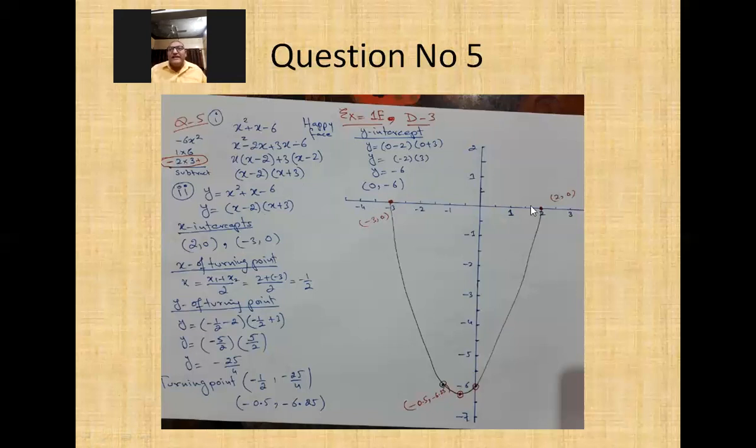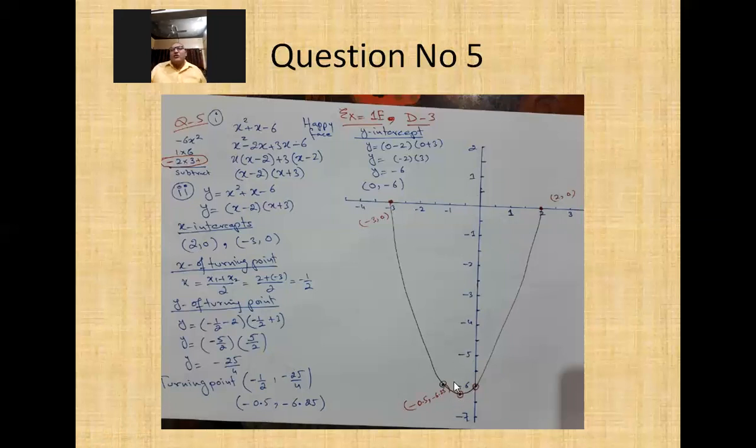So here you can see I have chosen a grid, and 2 centimeters represents 1 on the x-axis and 2 centimeters represents 1 on the y-axis. Then I plotted my x-intercepts, (2, 0), this point, and (-3, 0), this point. My turning point is (-0.5, -6.25). I have plotted this point, and you know the y-intercept is (0, -6).